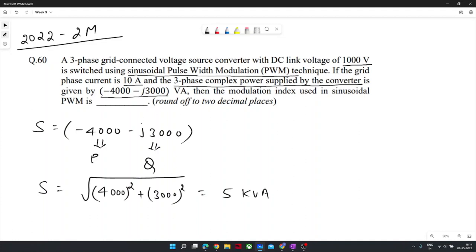Okay. So S is given here, phase current is given here. So why not compute the voltage? Do you understand on the grid side, all components would be AC, right? And towards the DC link, all components would be DC. So in this manner, the connection is done. Let's say this is VSC, voltage source converter.